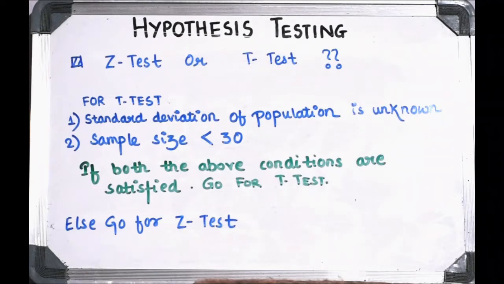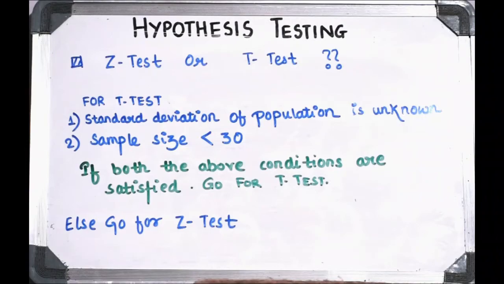Number one, the standard deviation of the population is unknown, and number two, the sample size should be less than 30. It clearly shows that for T-test the sample size should be small. If both the conditions are satisfied, then we can go for T-test. If any of the conditions is not satisfied, then we should go for Z-test.